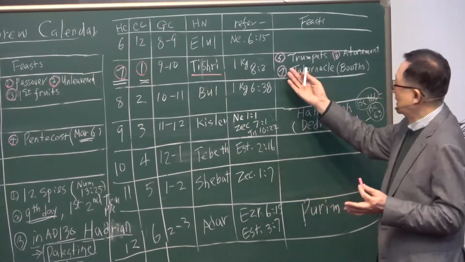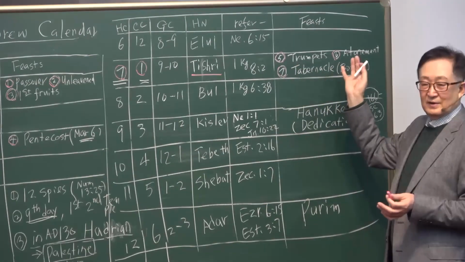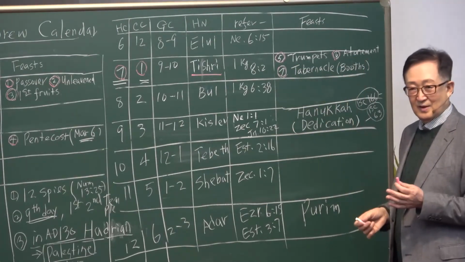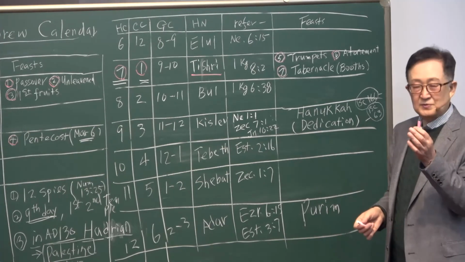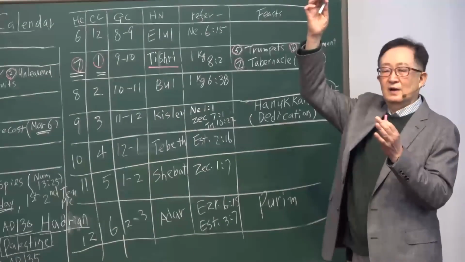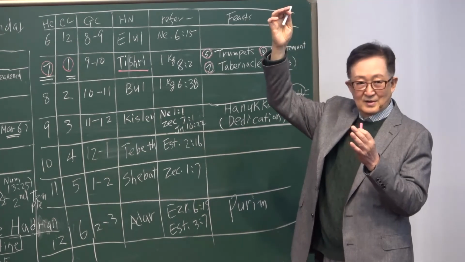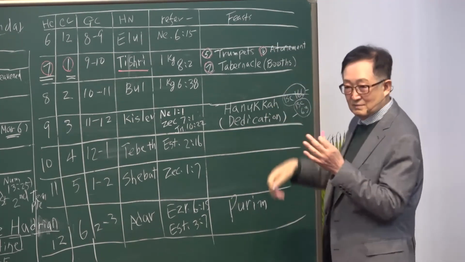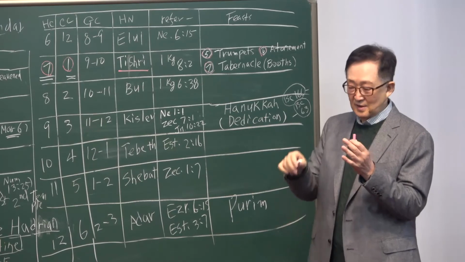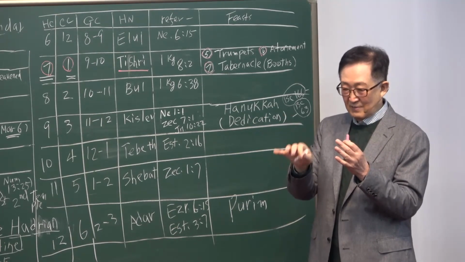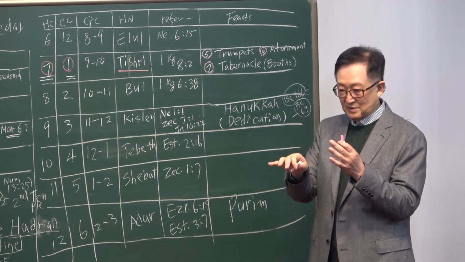Now, second coming of Jesus stories here. Trumpet. Trumpet refers to the appearance of Jesus. Trumpet. And atonement. That's the second coming of Jesus here.